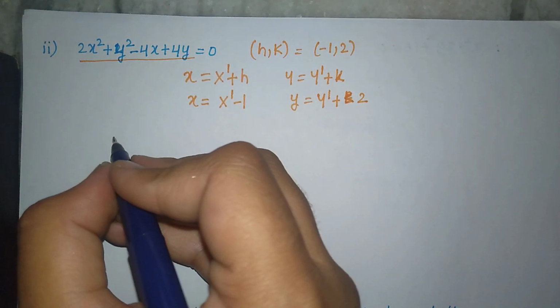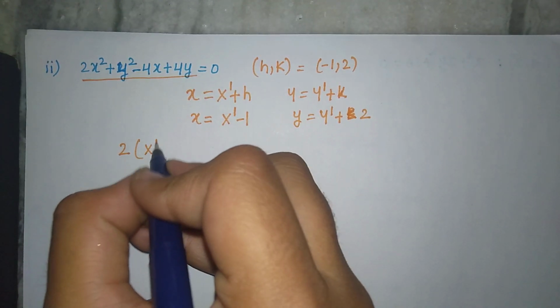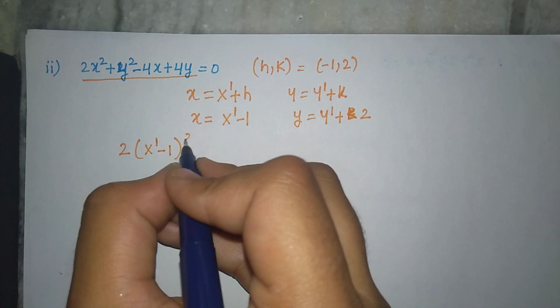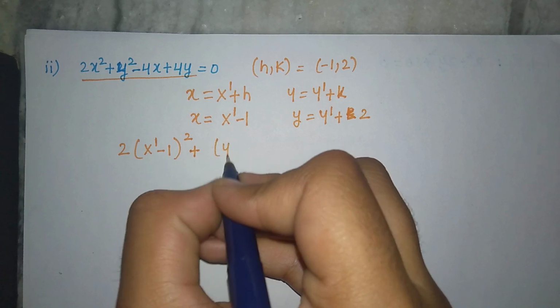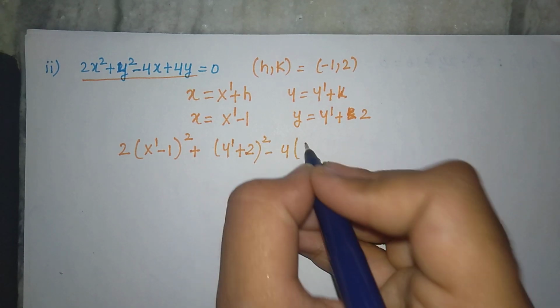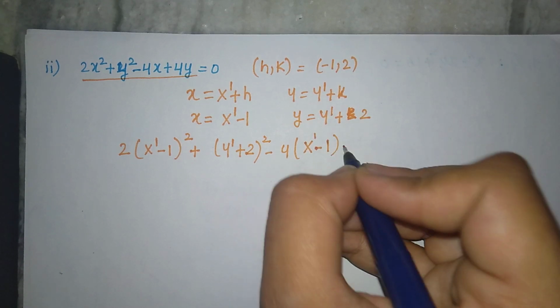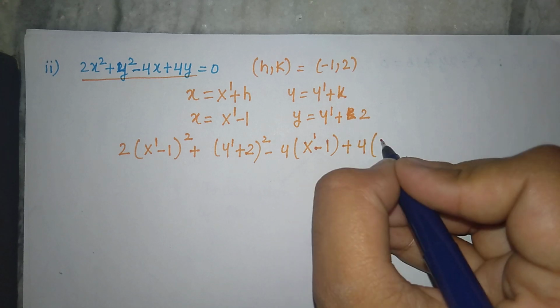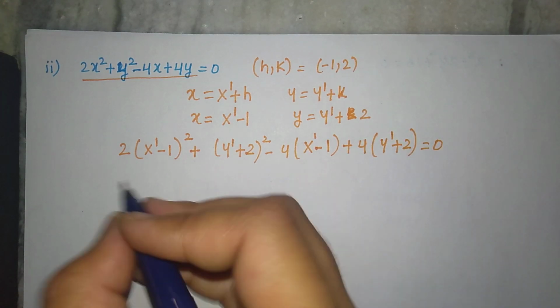Just substitute. 2 into capital X dash minus 1 whole square plus capital Y dash plus 2 whole square minus 4 into capital X dash minus 1 plus 4 into capital Y dash plus 2 is equal to 0.